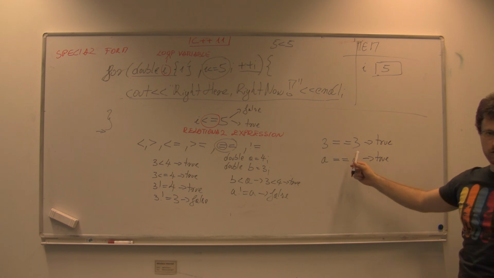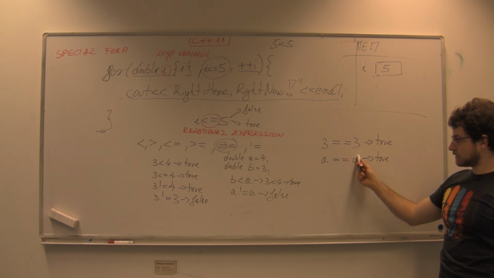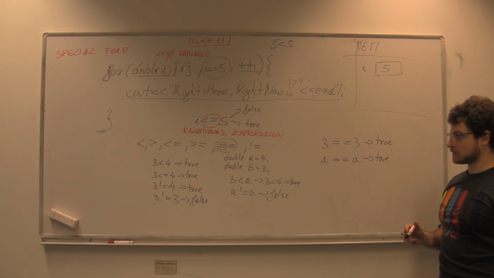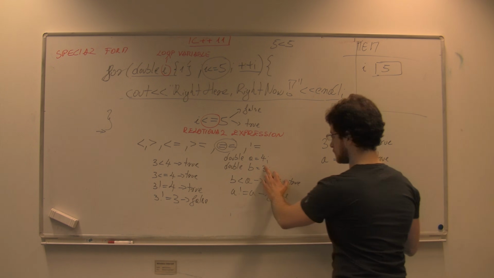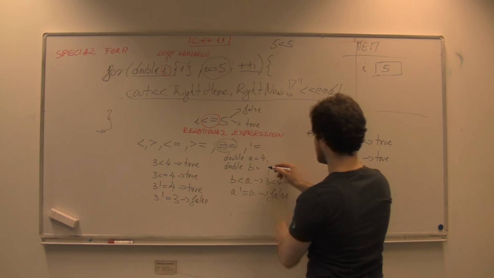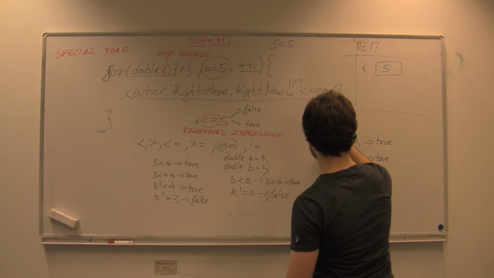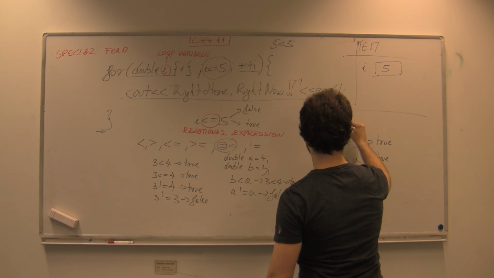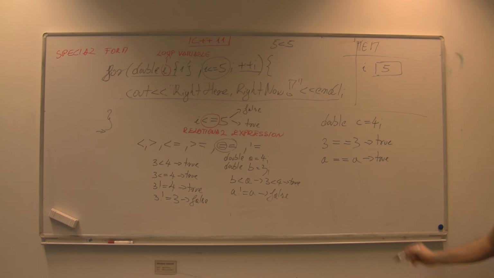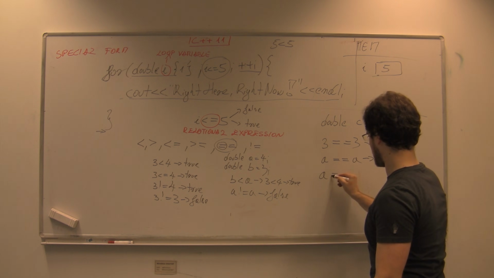The way this operates is that we transform variables into values contained in their boxes. Because, for example, if I were to change b, well, let's leave it like this, and let's introduce a new variable, double c equal 4. And if I were to say, is a equal to c?